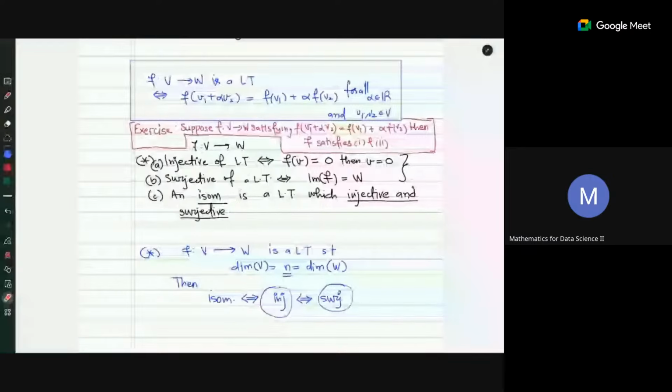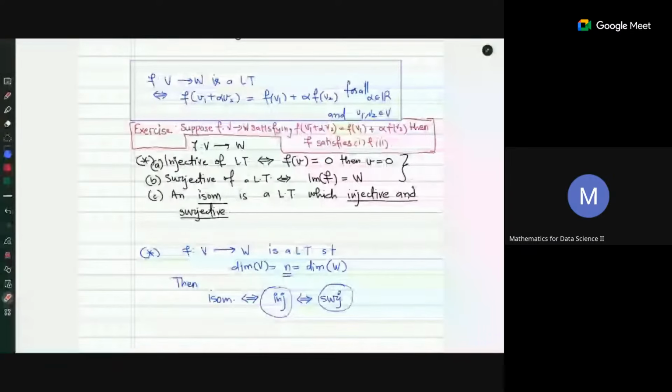In the case of a linear transformation, it becomes this condition: you only need to check for 0. 0 has to have a unique image. You don't need to check every other element. No other element can map to the 0 vector of the codomain.